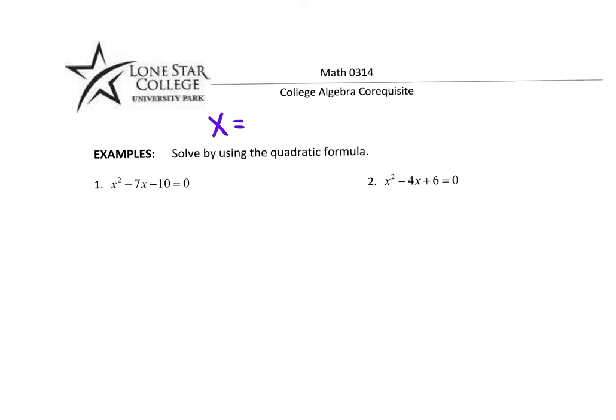It's x equals negative b, or the opposite of b, plus or minus the square root of b squared minus 4 times a times c, all of this divided by 2 times a.